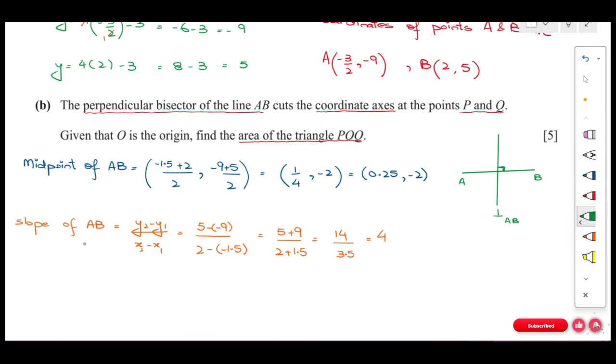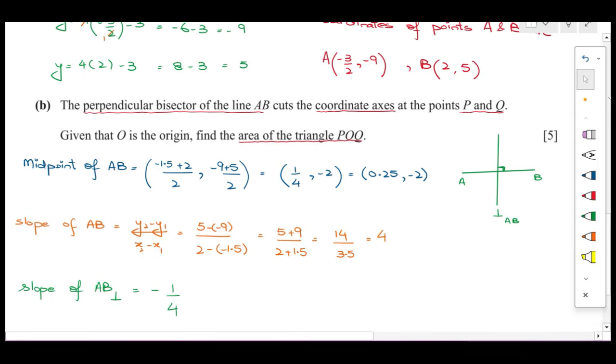The slopes of lines which are perpendicular to each other are negative reciprocals of each other. So here we can say the slope of the perpendicular bisector of AB is negative, and the reciprocal of 4 is 1 by 4. So this would be the slope, right?